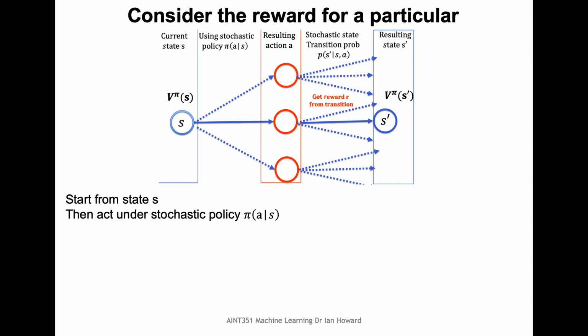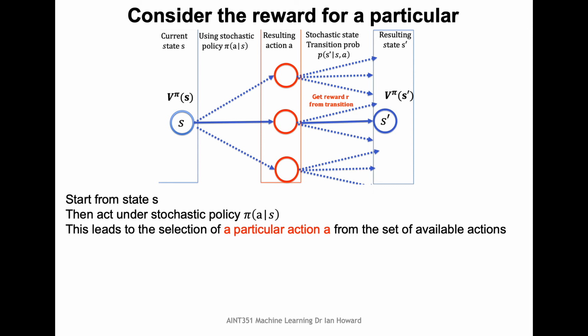So starting at state S, under this stochastic policy pi of A given S, this leads to a particular action that we're going to take from a set of available actions. Then this leads into a stochastic transition probability. Given the action, it's going to lead to a new state, but this is also a probability.